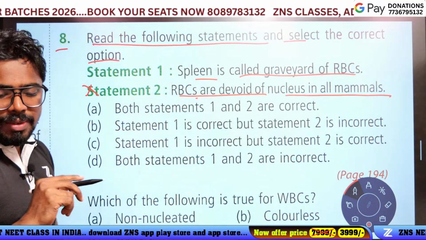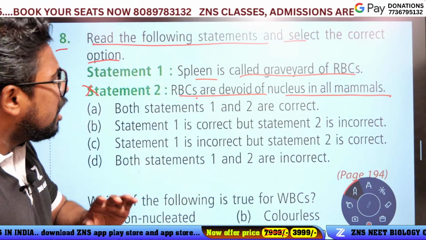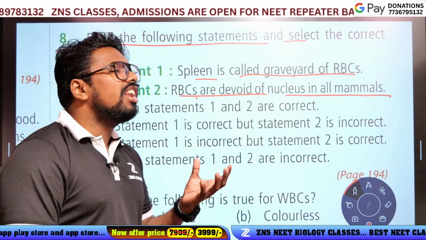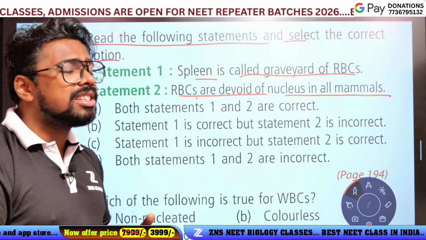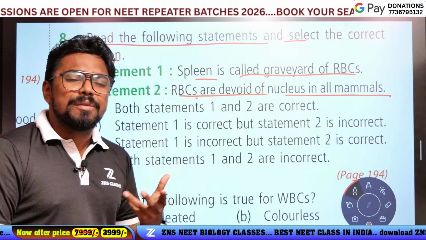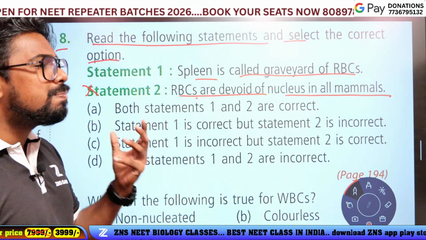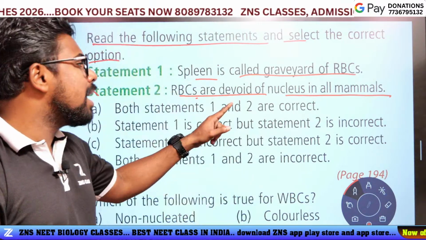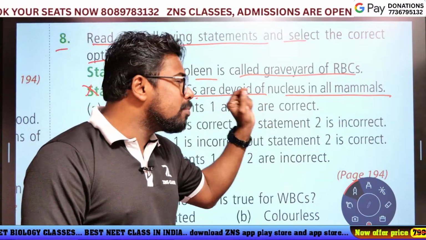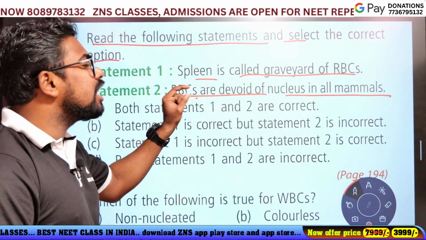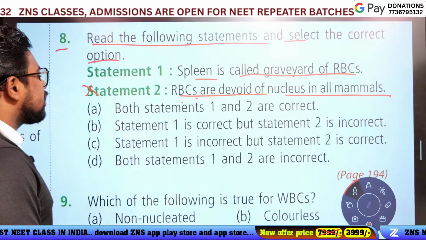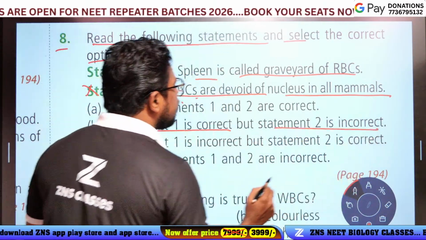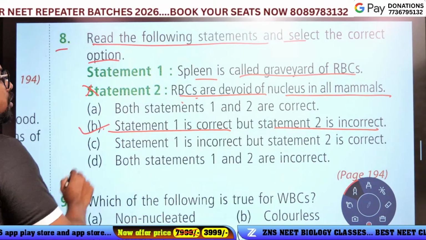In humans, RBCs lack a nucleus because more space is used for filling with hemoglobin, but not all mammals' RBCs contain a nucleus. Which is the answer? Statement 1 is correct, but statement 2 is incorrect. The answer is option B.